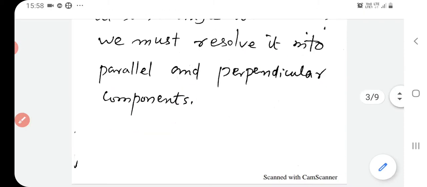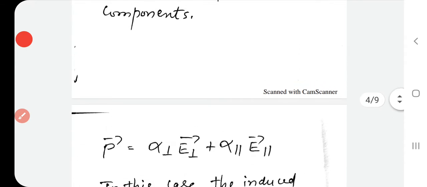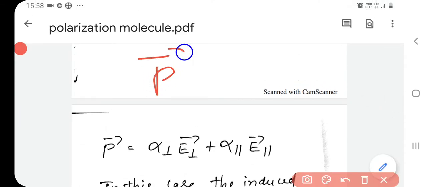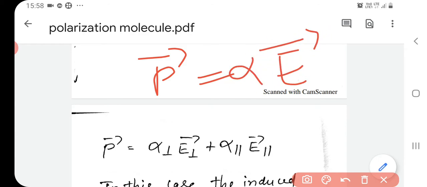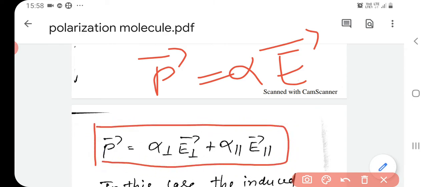So the simple equation P equal to alpha E in an atom changes into this: P equal to alpha perpendicular, the polarizability in the perpendicular direction, times the perpendicular component of the electric field, plus alpha parallel, the parallel component of the polarizability, times the electric field along the axis. So this will be the dipole moment developed.